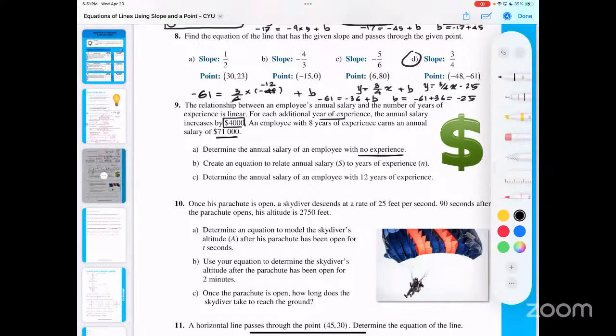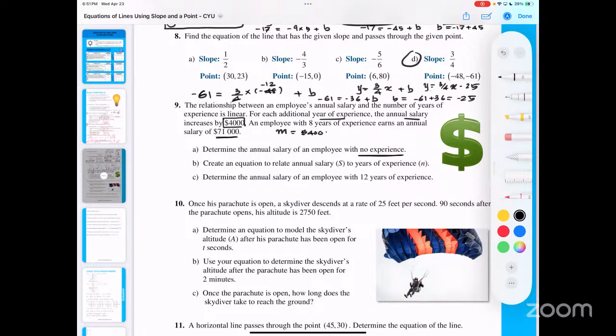To answer this question, we need to think about an employee with 8 years of experience and an annual salary of $71,000. The annual salary increases by $4,000. That is your slope.